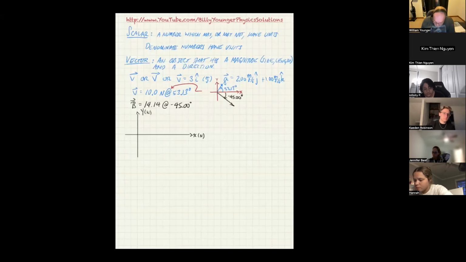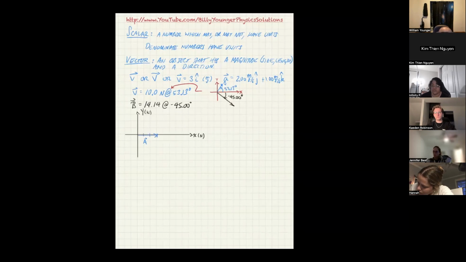Okay, so let's think for a second. Let's imagine a vector. I'm going to try to draw a vector right here, and that vector is going to be vector A. And notice that each of these blocks is a single unit.